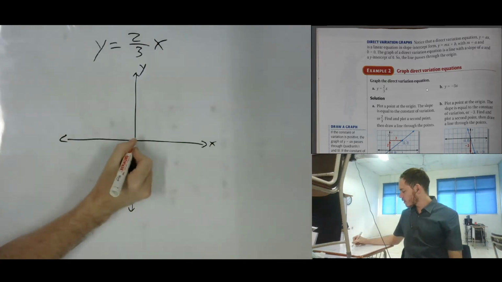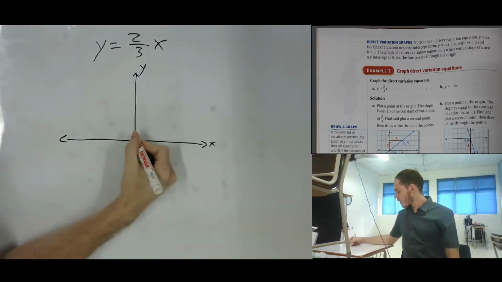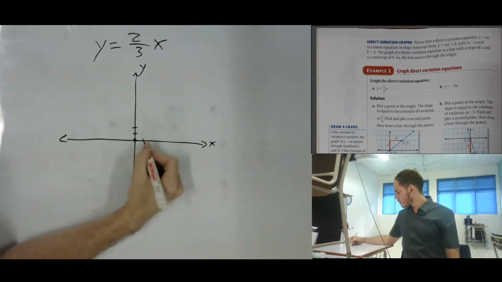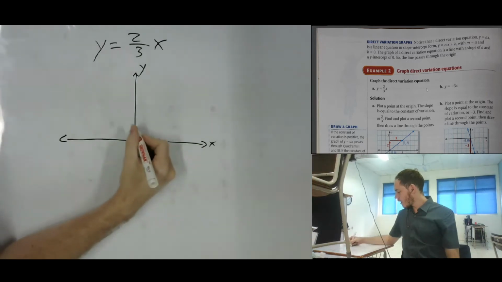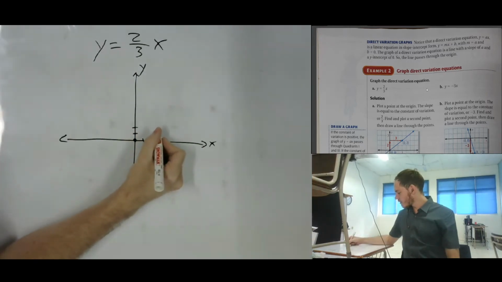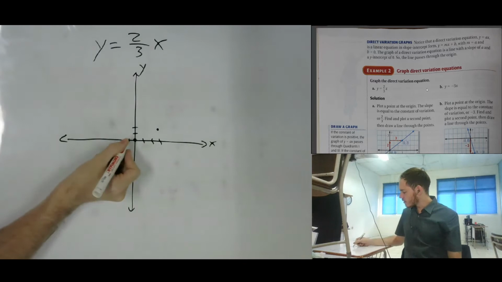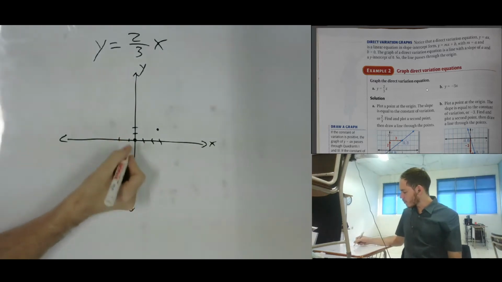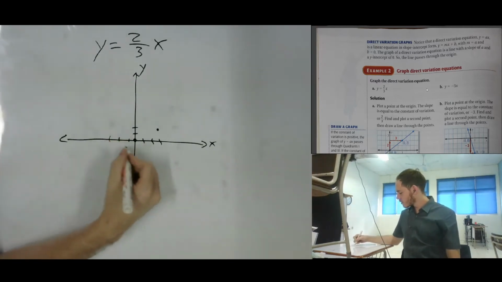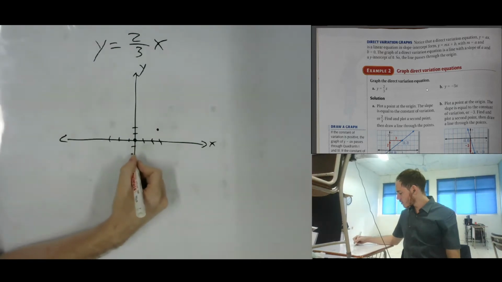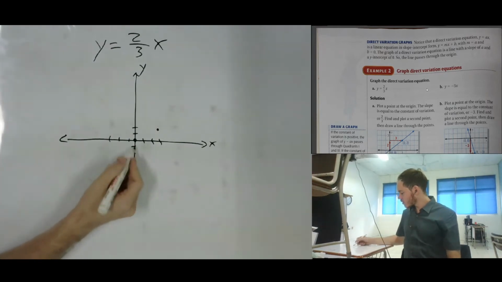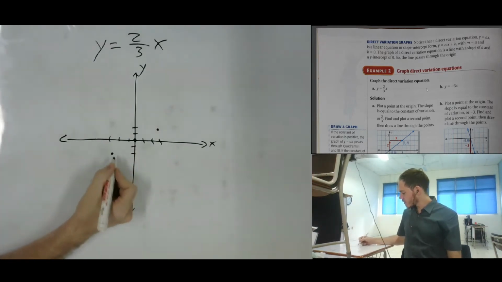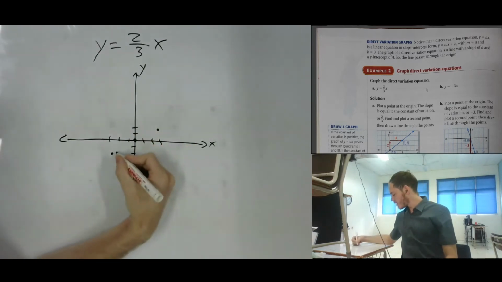So we start at the origin, and we're going to plot 2 up, 3 to the right. Or if you want, you plot 2 more points: 2 down, 3 to the left, because it should be a consistent line.